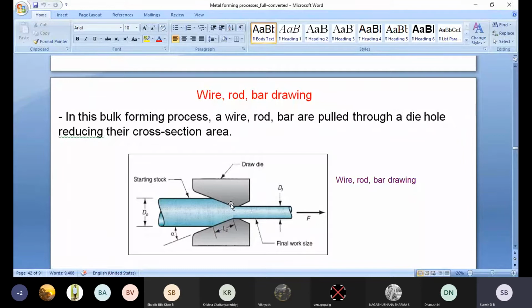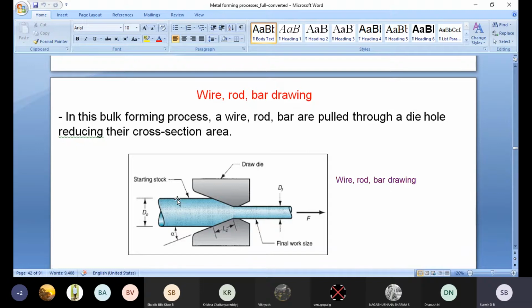The angle is increased in the drawing process because the material is pulled in between the two dies. Here there is no force acting on the left side of the die. Only on the right side of the material is an external load applied. Due to this load, the material is compressed here and plastically deformed, reducing its diameter.